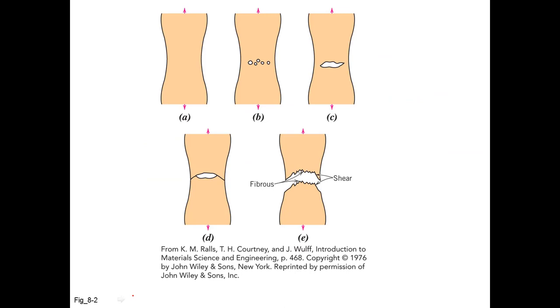So here's that intermediate case between very ductile and very brittle failure. And we can see that we're basically, once again, loading a sample in tension. Initially, we see this neck forming, which is an indication of initial plastic deformation.